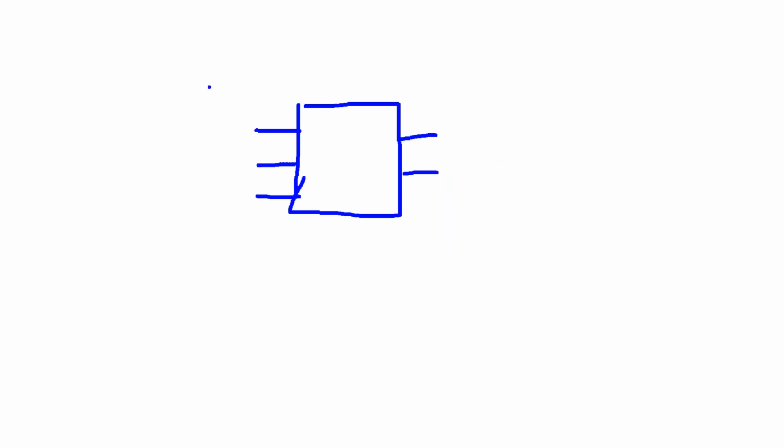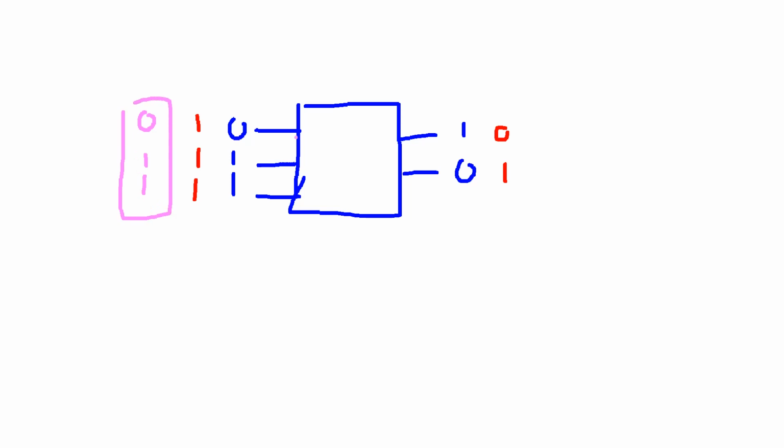If the input is 0, 1, 1, the output may be 1, 0. If we apply input 1, 1, 1, the output may be 0, 1. And when we apply input 0, 1, 1 again, the output will be 1, 0. Namely, if you apply the same input value, the conventional circuit will give the same output. This kind of circuit is a conventional circuit.